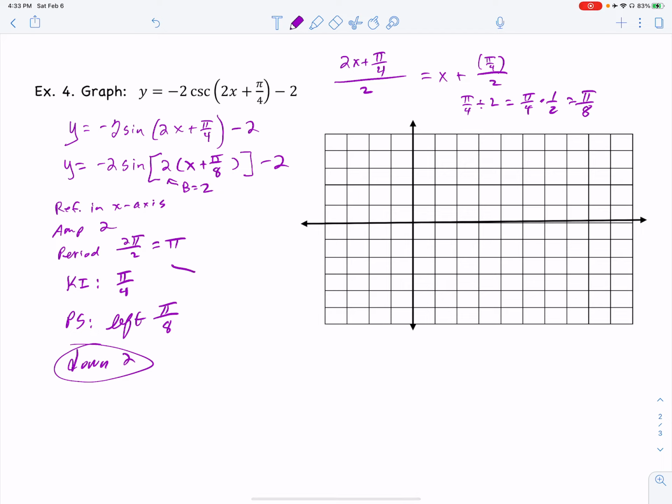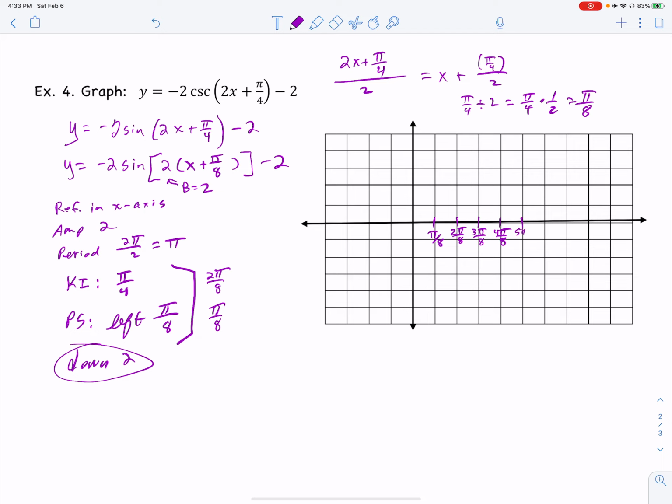And then I want to think about how am I going to grid this out. So I'm going to look at my key increment and my phase shift and write them with common denominators. And since it's pi eighths, I'm going to grid this out by pi eighths, and I have to remember that the key increment is 2 pi eighths. So I have pi eighths, 2 pi eighths, 3 pi eighths, 4 pi eighths, but because the key increment is going by 2, I'm only halfway through the period.